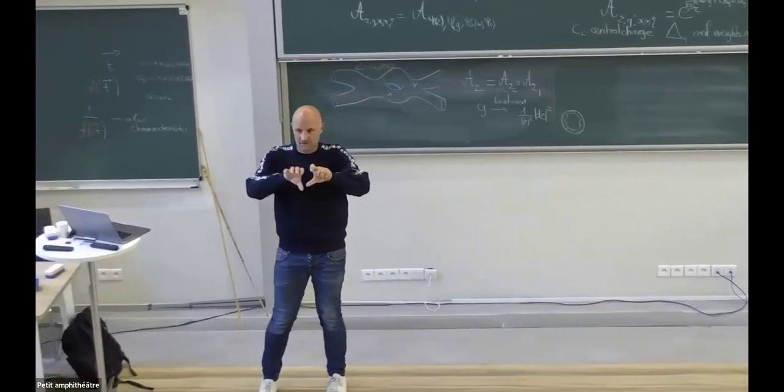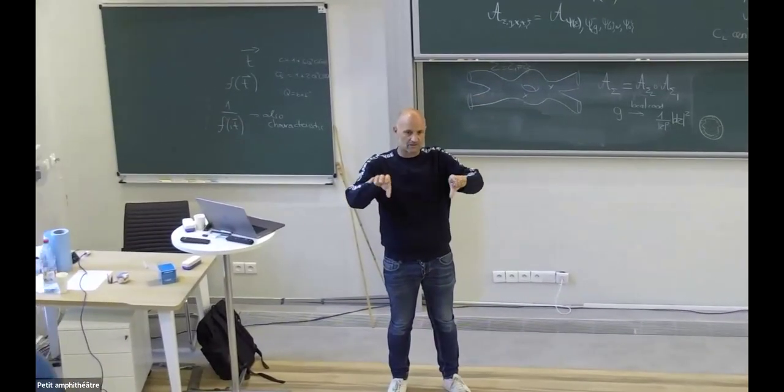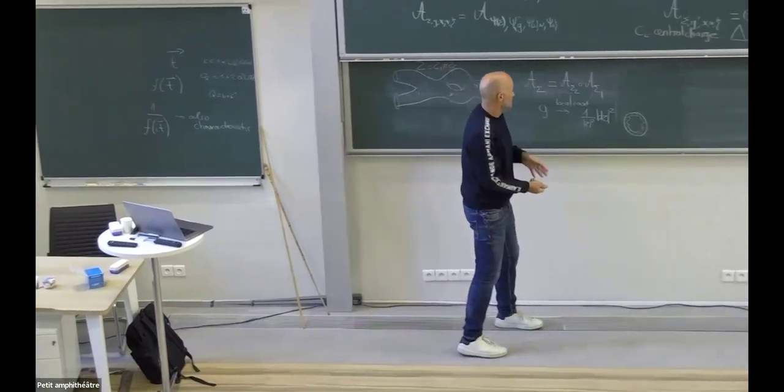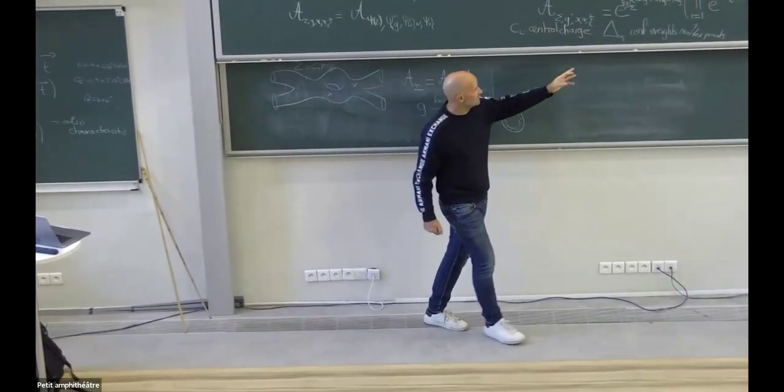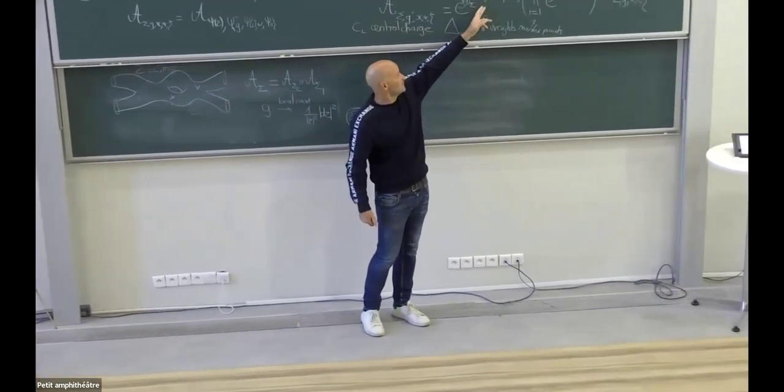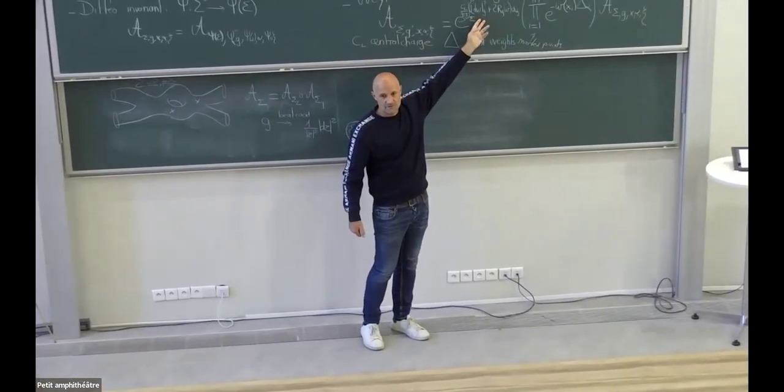Why? Because this is the cylinder metric. So you are just going to a cylinder. It's easy to do. You will say, well, it's a restriction, but it's not that much of a restriction, because if you have a more general metric under some conditions, then you can play with this rule to change the metric.